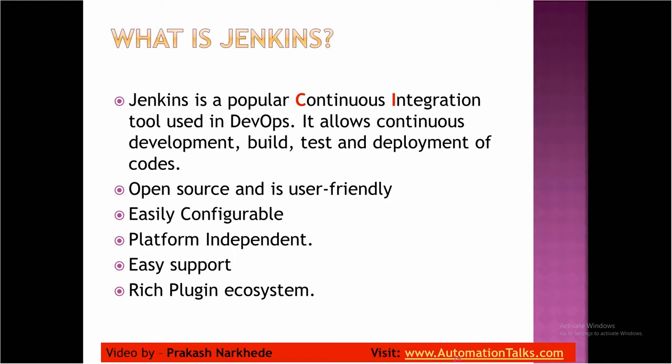When you do a code check-in, you can schedule jobs. Jenkins is basically to schedule the jobs, to schedule the builds. It is used in DevOps to achieve CI/CD, and it can do things like triggering your jobs, doing your testing automatically, and automating your deployments. All of those things can be achieved with the help of Jenkins.